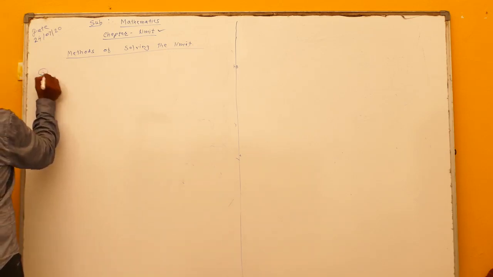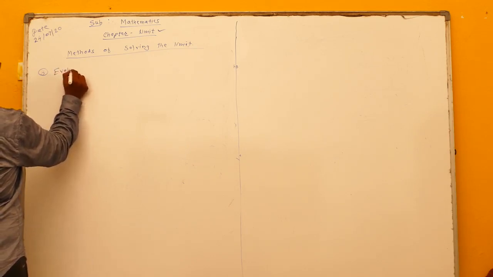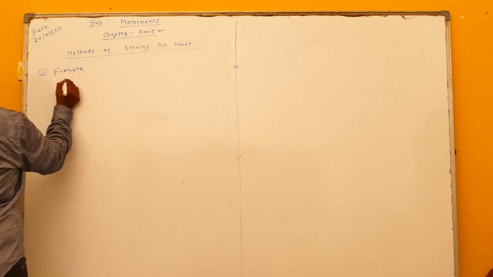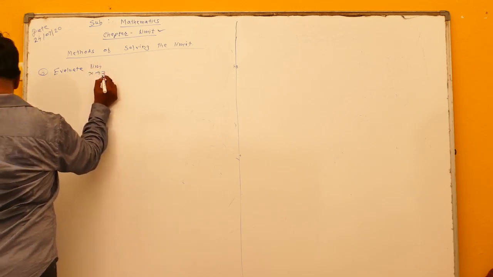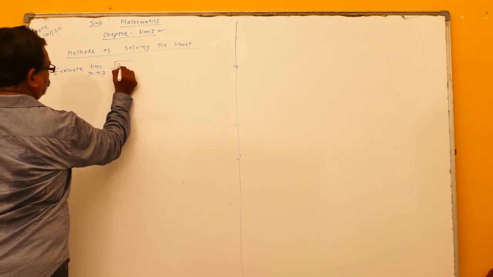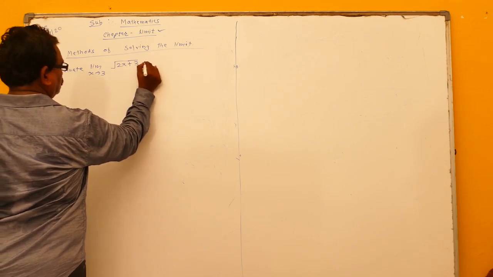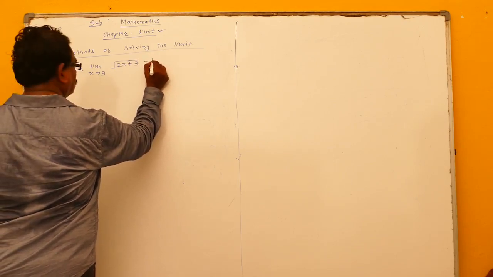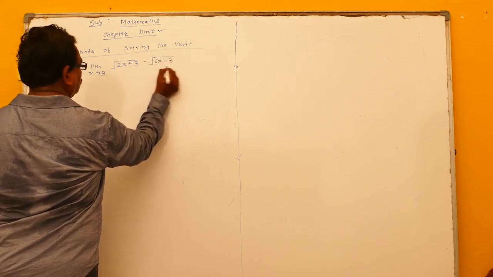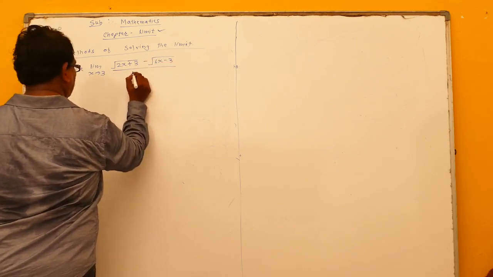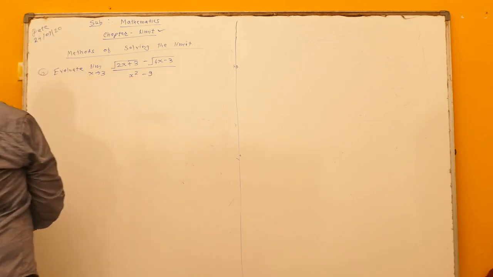Next example, evaluate the limit of x tends to 3 of under root 2x plus 3 minus under root 4x minus 3 divided by x square minus 9.